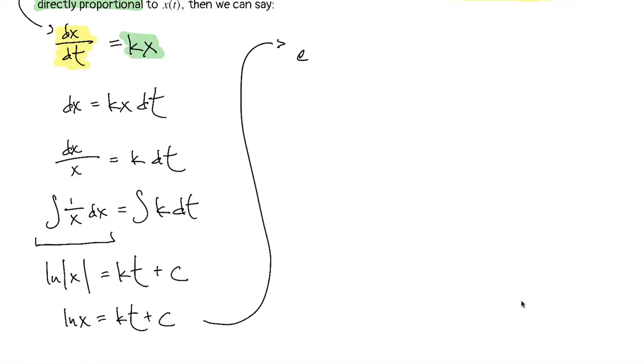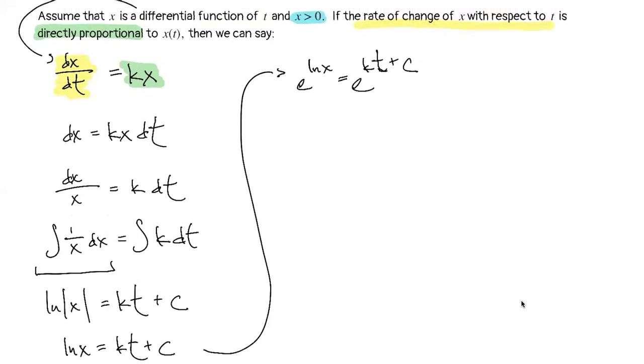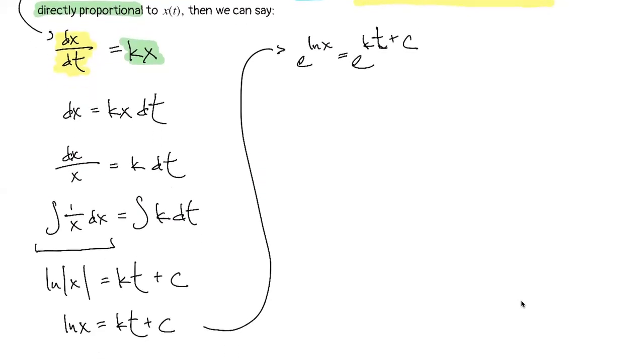So we have e to the natural log x equals e to the kt plus c. On the left-hand side, we now have x. On the right-hand side, how did we split that before? Times e to the c.